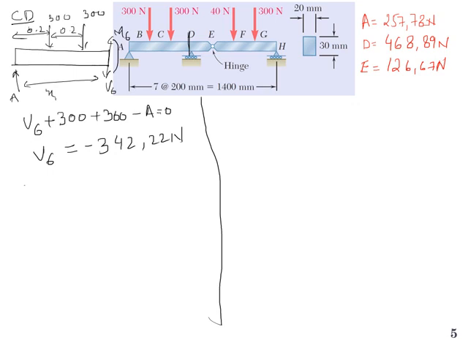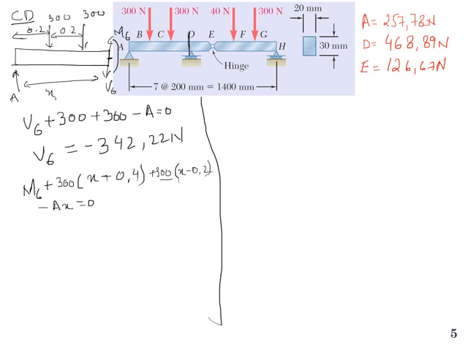Now for the moment, let me write M6. The expression will be plus force at C, 300, times the distance. Again, we are taking the moment from this point, so this distance will be X minus 0.4, plus 300 times X minus 0.2, and this force of 300 is at B, minus AX is equal to 0.